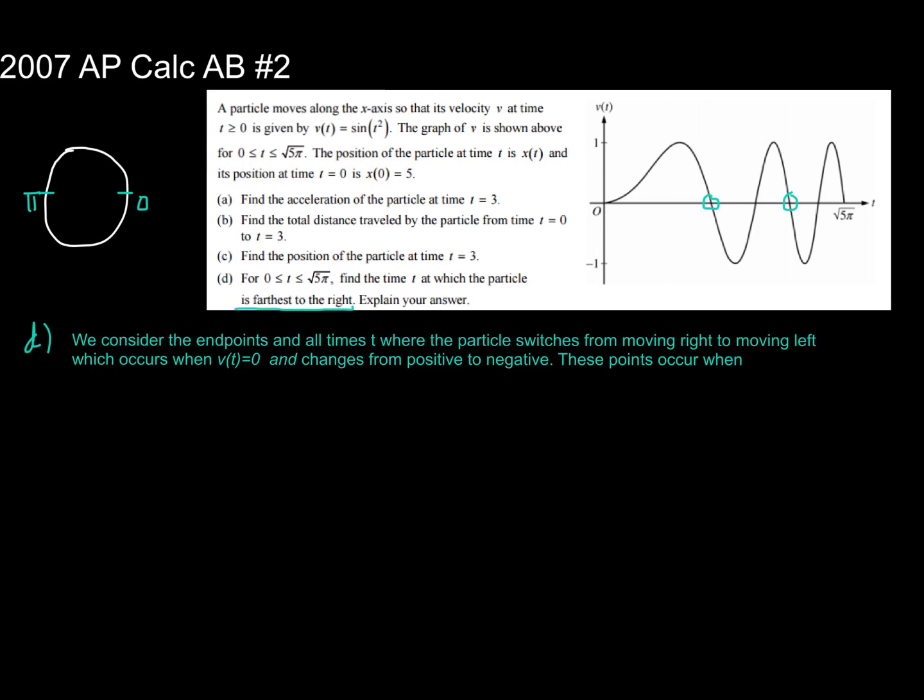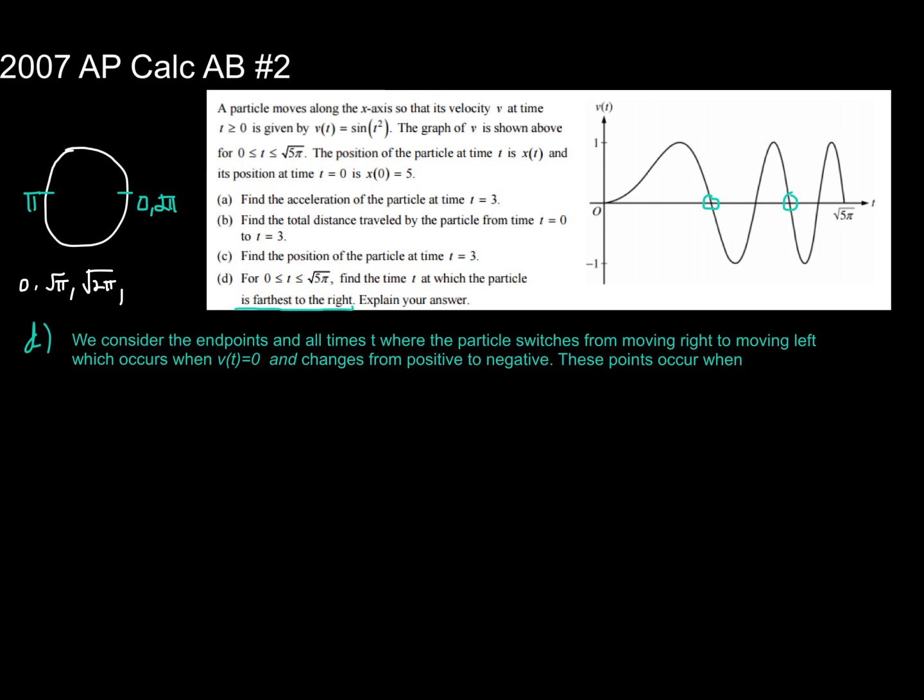So if I'm making a list of these t values, I've got 0, I've got the square root of pi, and continuing on, I know I'm going to go to 2 pi. Well, that means I'm including the square root of 2 pi, because I'm squaring my t value.